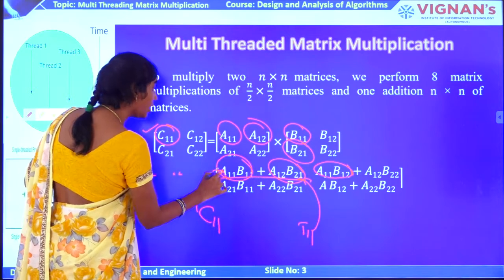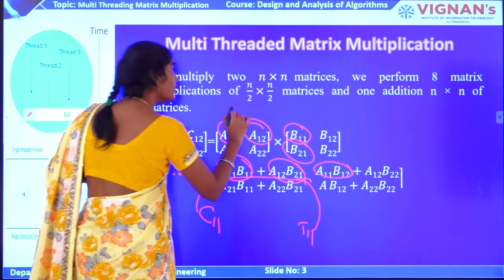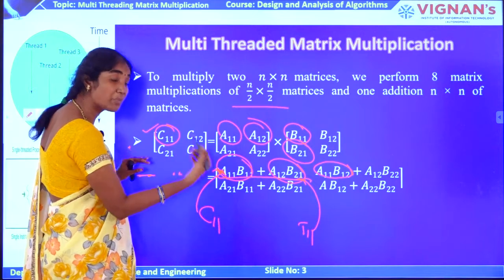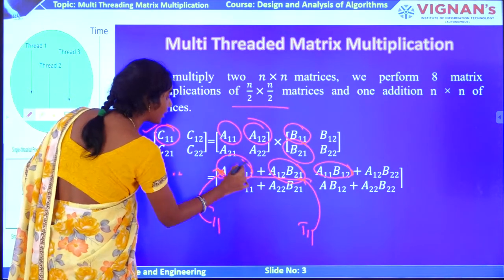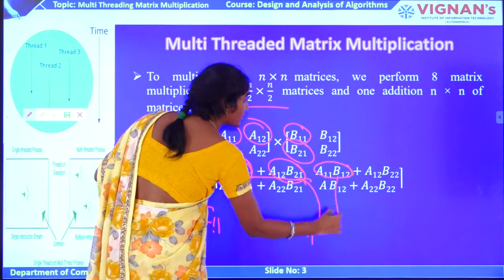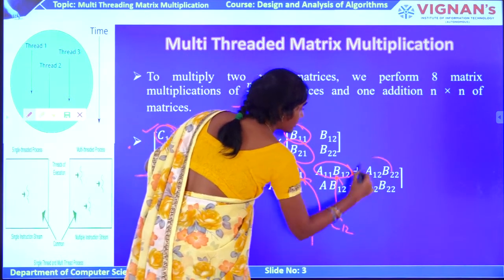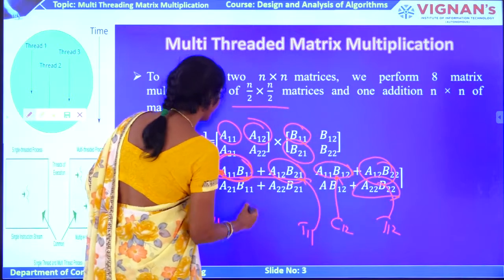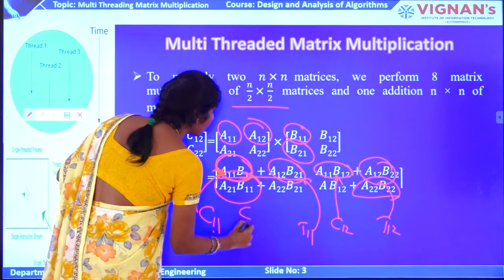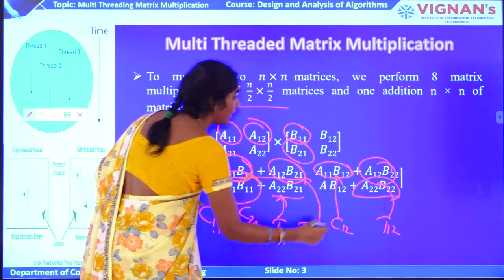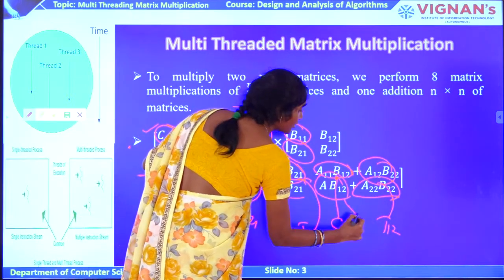In order to make this matrix multiplication multi-threaded, I am taking this term as C11 and this term as T11, this term as C12 and this term as T12, and in the same manner A21, B11 as C21, and this is T21, and this is T22 and this is C22.